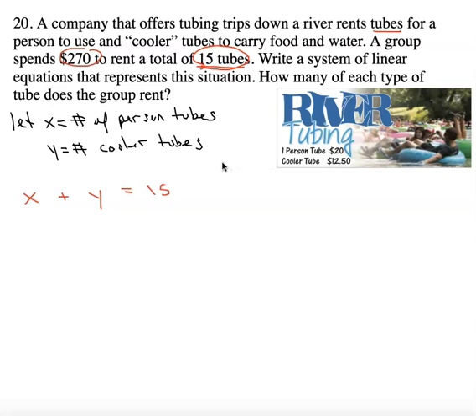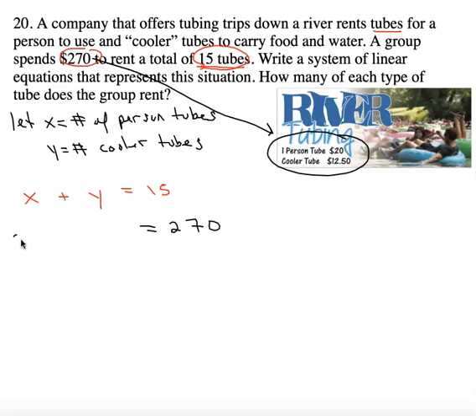I have another total of 270, so let's go to this picture here to recognize where you get the other numbers from. Right in there, it tells you how much the cost for a person tube is and how much the cost for a cooler tube is. So in order to get this total of $270, what is that made up of?